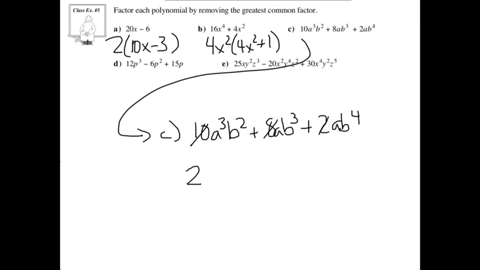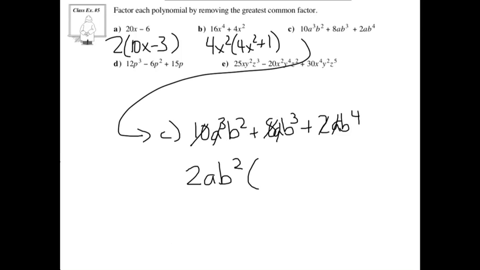Now let's take a look at the a's. We've got a to the power of 3, a, and a. So the greatest common factor of these would be just a. There's at least an a in each one of these. Then you've got b squared, b to the power of 3, and b to the power of 4. There's at least a b squared here.